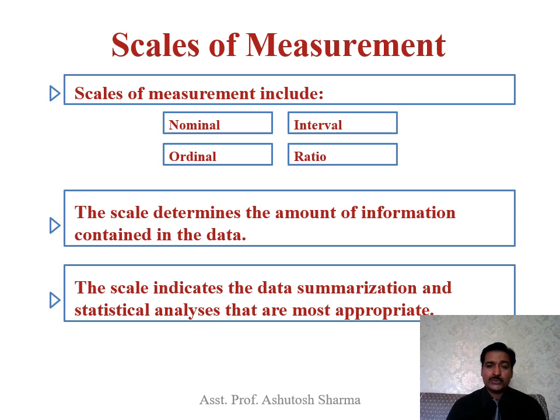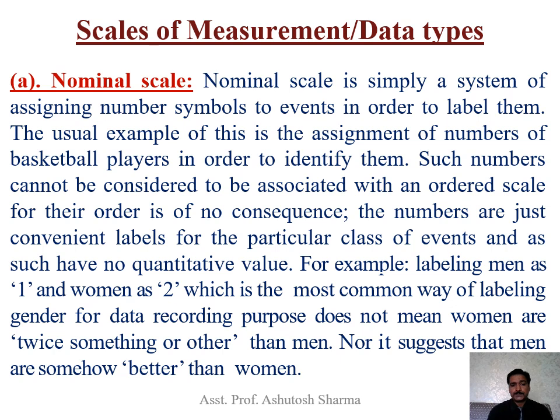By knowing what kind of information you have collected, you would be able to understand which appropriate statistical technique you should apply. So that's why these 4 types of measures of scales are very important to understand. Let's move to the next slide.